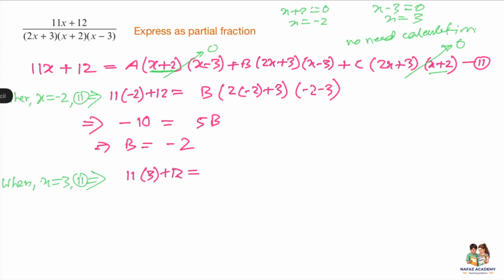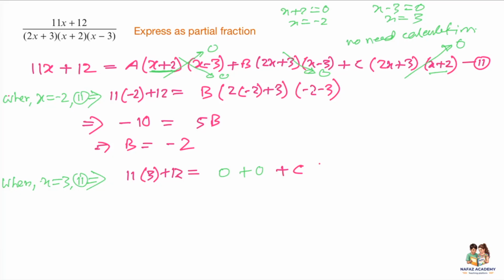So this A and B part will be 0, because both of these parts have x minus 3, and I am taking x equals 3 from the x minus 3 factor.